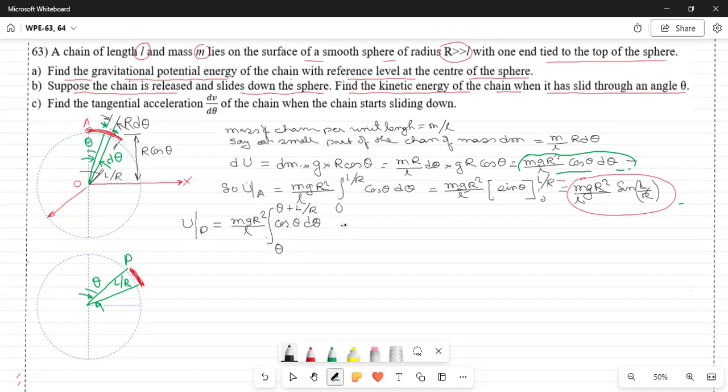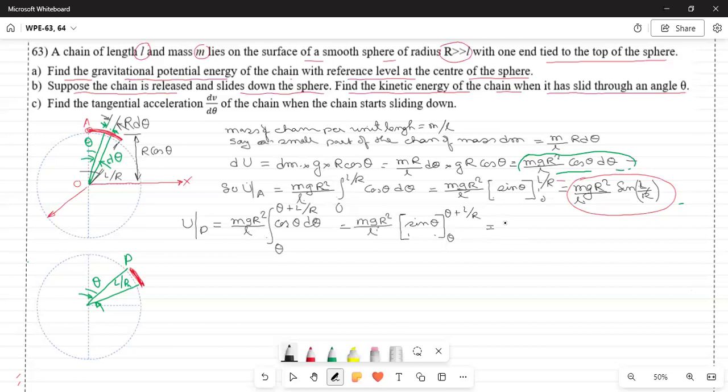This is equal to mg r square by L, and the integral of cos theta is sin theta, with limits theta to theta plus L by R. Now we put the limits.